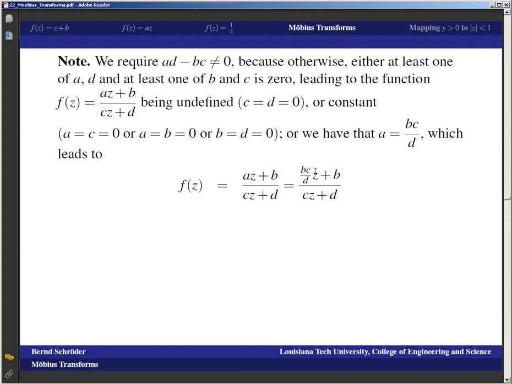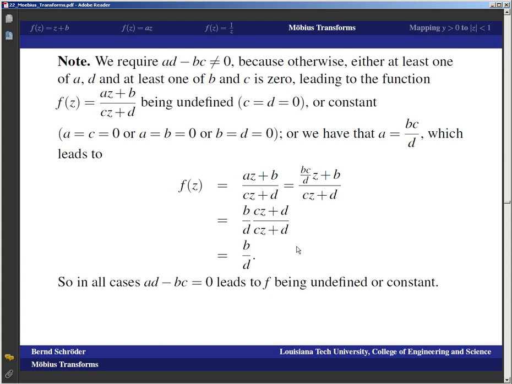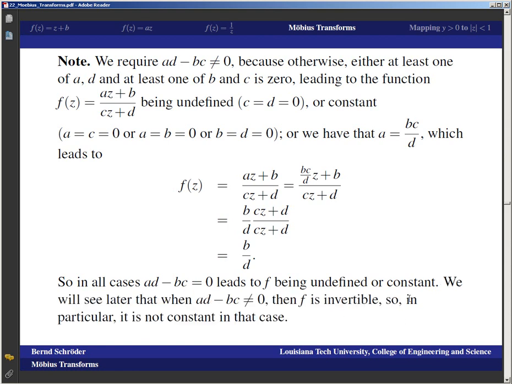Now we can factor b over d out of the numerator, and if we do that, the numerator becomes cz plus d. That's because if you factor b over d out of b, you end up just with d, right? And cz plus d over cz plus d is 1, so this is b over d, which is constant. So in all cases, if ad minus bc is equal to 0, then f is undefined or constant.